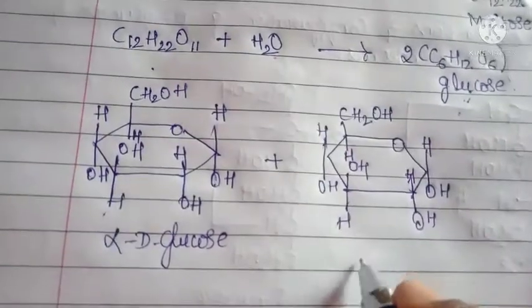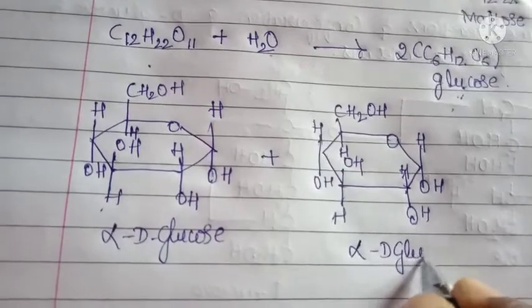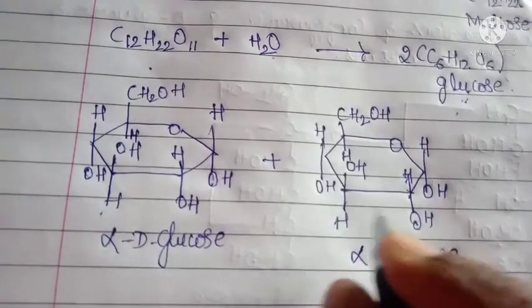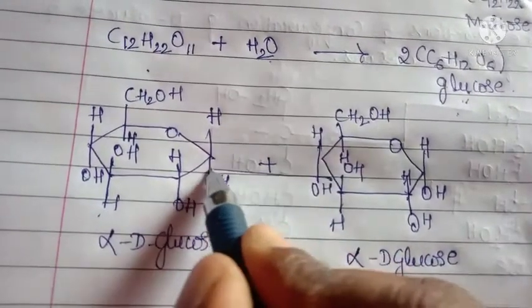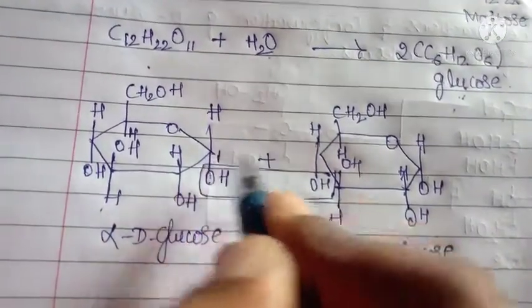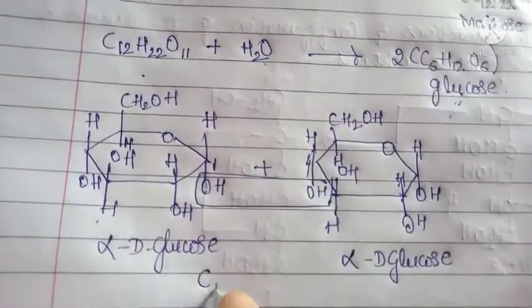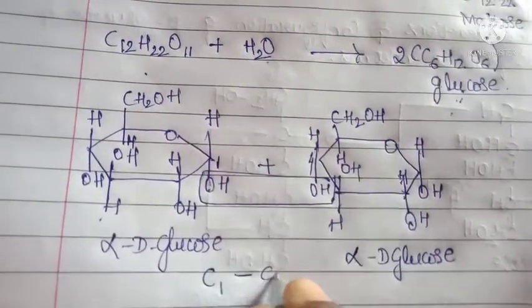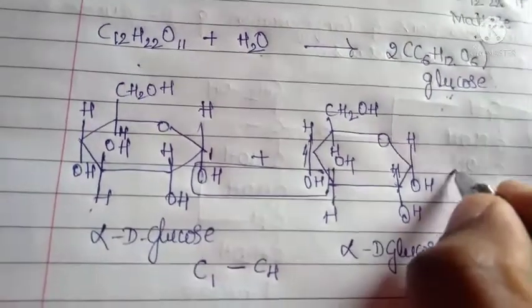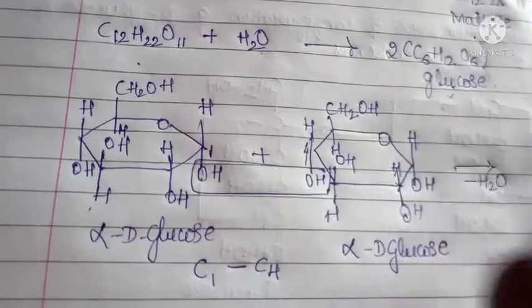This is another molecule of alpha D glucose. Here the glycosidic linkage is formed between C1 and C4 carbon atoms, which means removal of a water molecule.